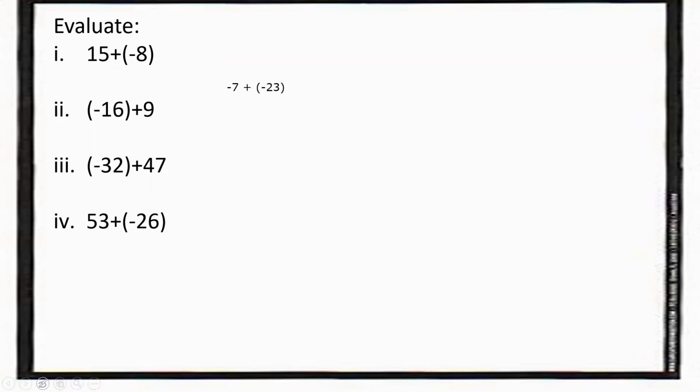Now here, in case you had minus 7 minus 23, you can simply add this directly. You don't have to change any sign, just simply add. 23 plus 7 will give you 30. And in case here you have three signs, you will get confused. So let's write the first number as it is.